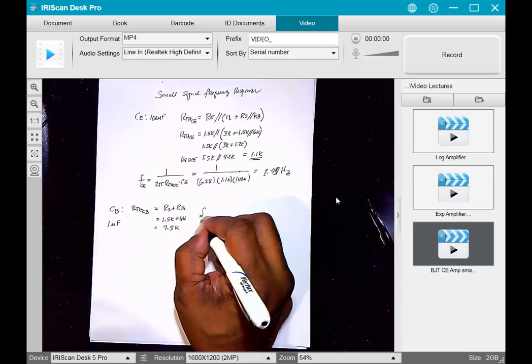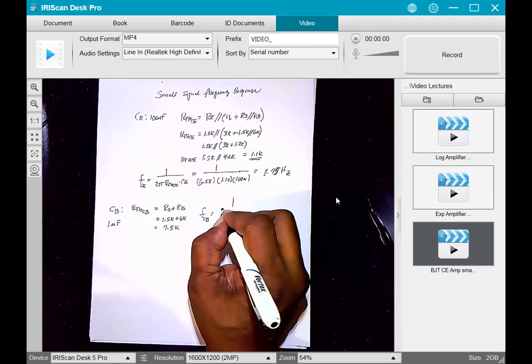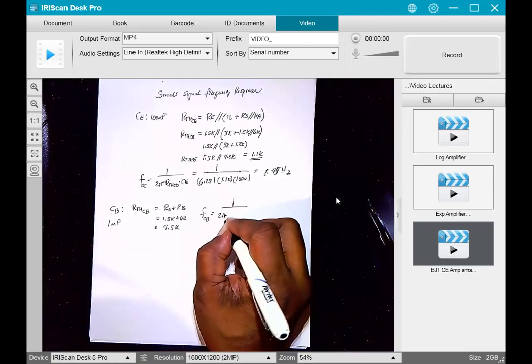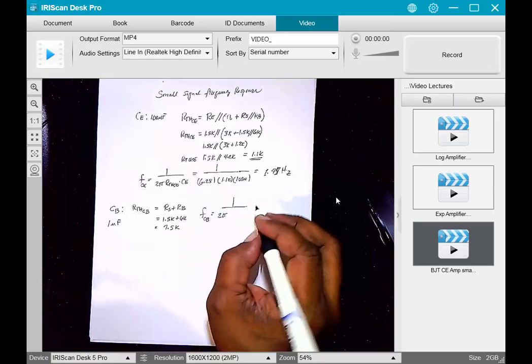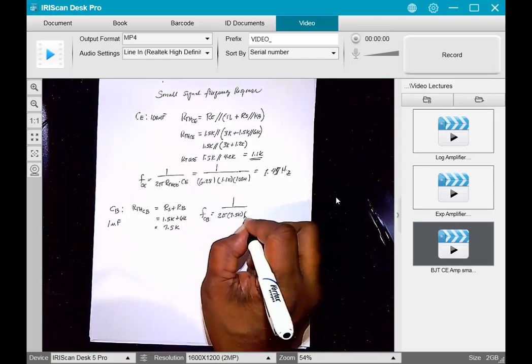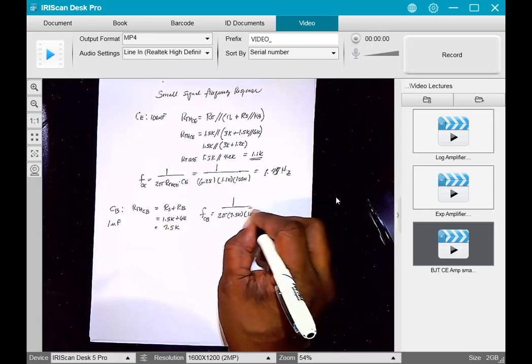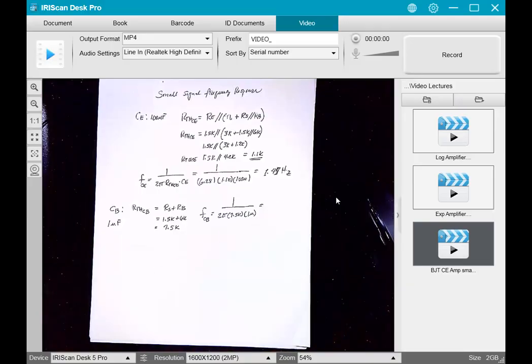And so then our frequency, our pole location for C sub B, is 2 pi, our R is 7.5K, capacitor is 1 micro, which you can write as 10 to the minus 6. So that's 6.2.